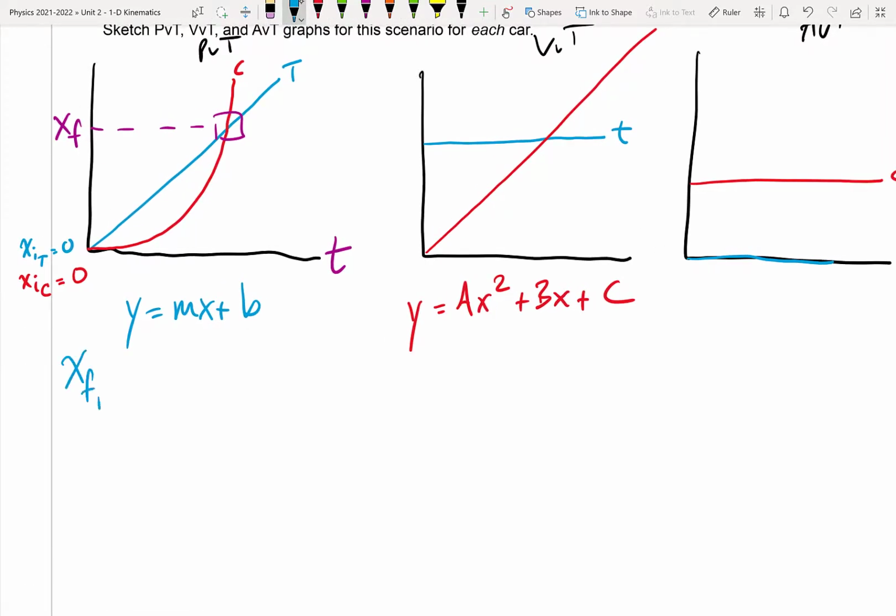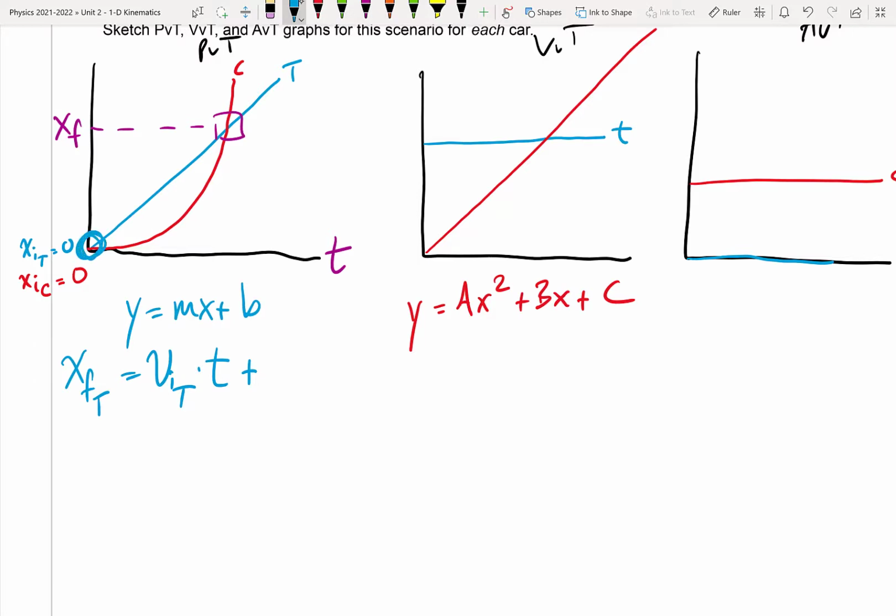X final of our truck. We have our slope of our truck. Remember we said slope here when we're traveling at a constant speed, m, the slope, is the velocity. So that's, let's just call it initial velocity of our truck for now, multiplied by time, because that's what's on our x-axis, plus the initial position. The initial position is our y-intercept, right? B is y-intercept.